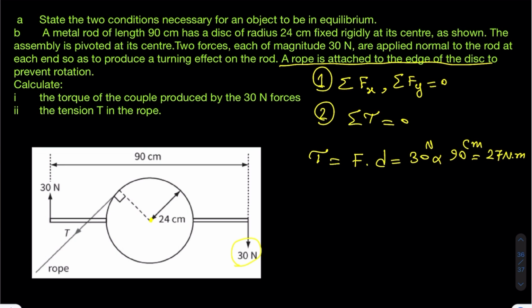All right, so that means this rope must create a torque which is in opposite direction to the torque of a couple created by these two forces, 30 newtons. So this is clockwise, and the other one, the torque created by T, which is anti-clockwise, we take as negative.